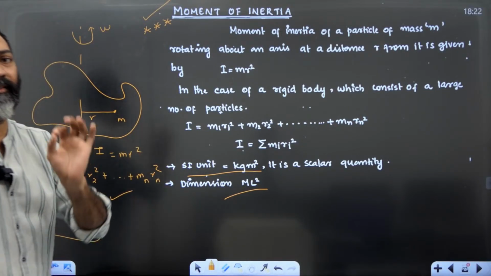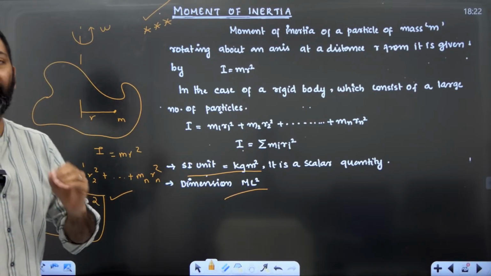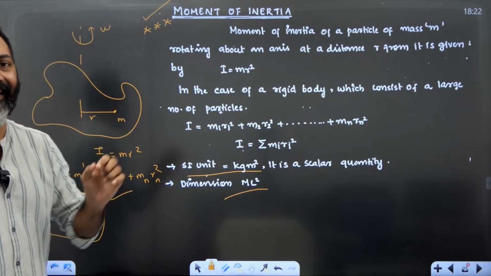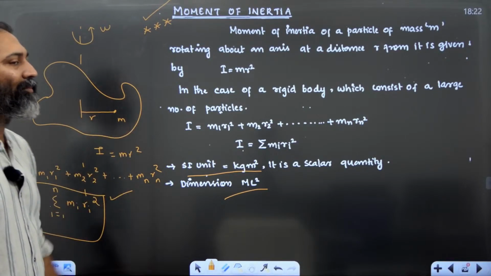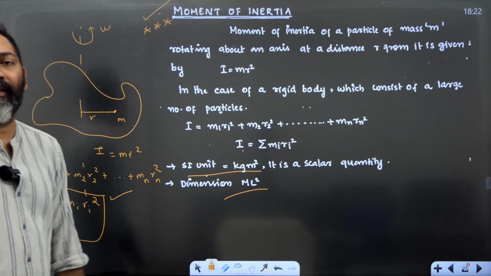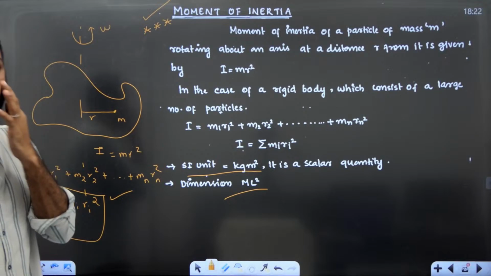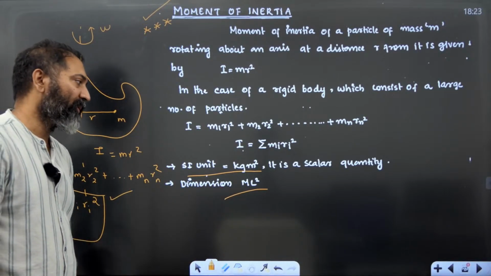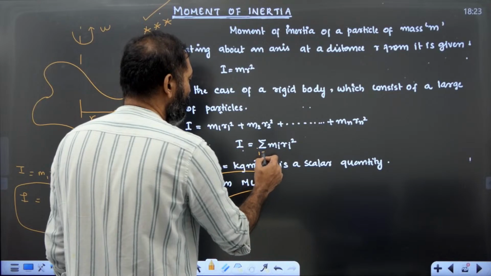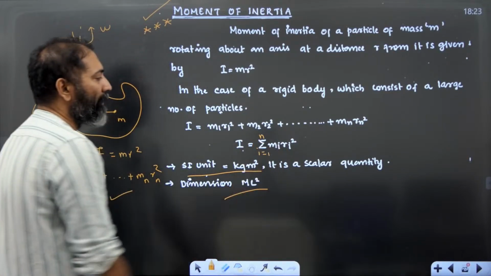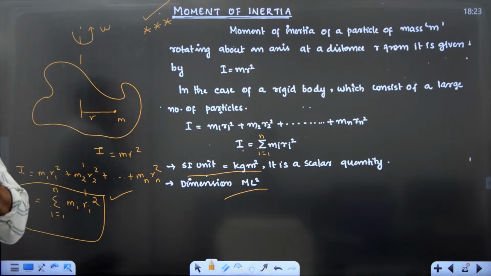It is the product of mass and the square of distance from the axis of rotation, I equal to mr square. For an n particle system, sigma over i equal to 1 to n of mi ri square. Any doubt here?